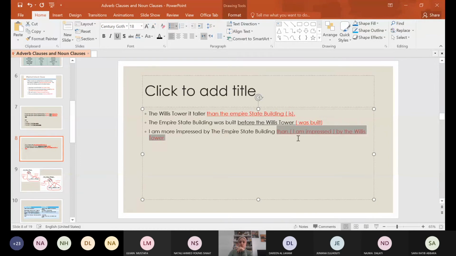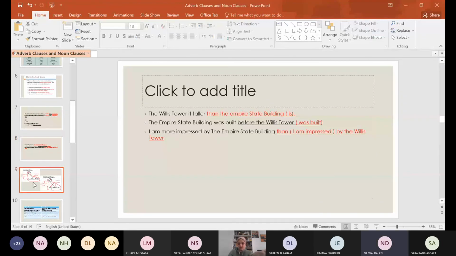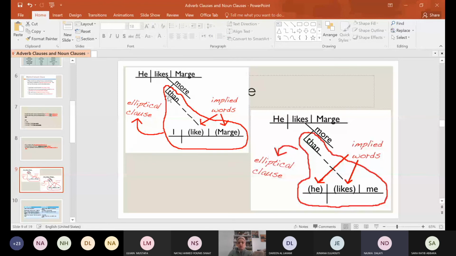So when I see that, I understand there is an adverb clause. You understand this part, Grace? Or when I say as long as, I understand there is an adverb clause, although I may not find a verb, maybe before the Willis Tower only. These are called elliptical adverb clauses.